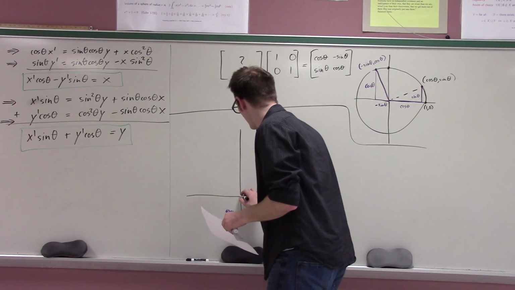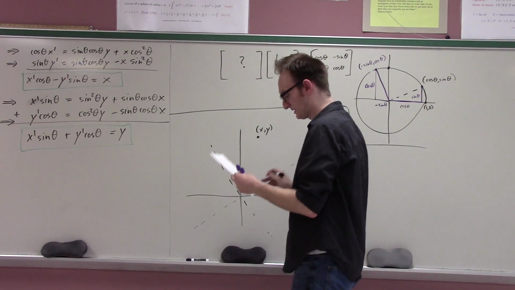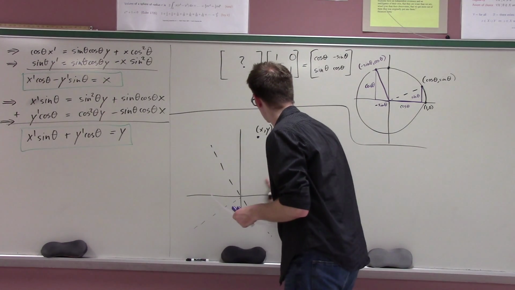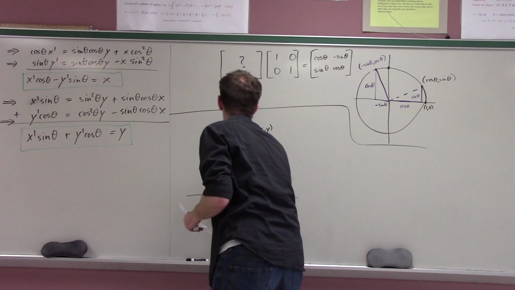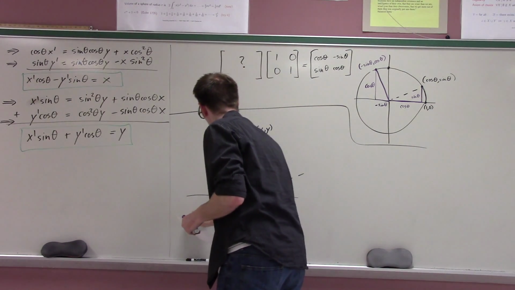So I'm going to draw in the x prime and y prime axes, and I'm just going to make the angle a little smaller.